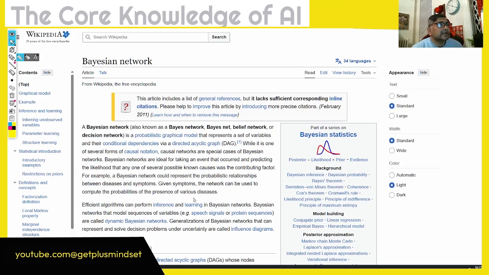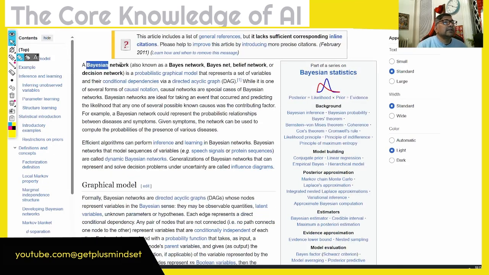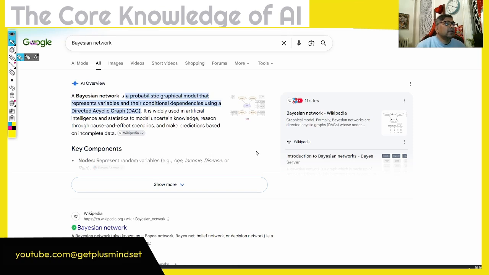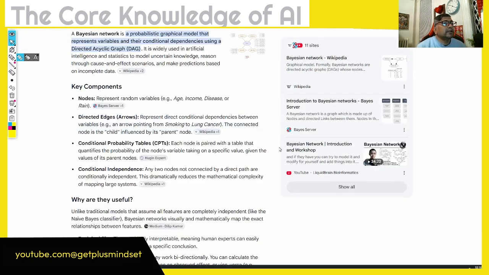It is a statistical model, a probabilistic model, a graphical model that represents a set of variables and their conditional dependencies by a directed acyclic graph.